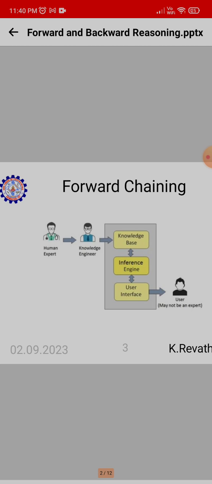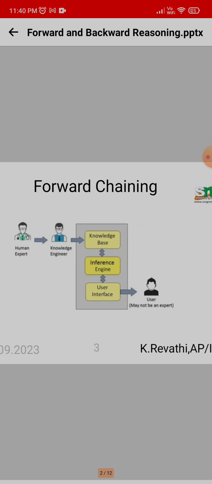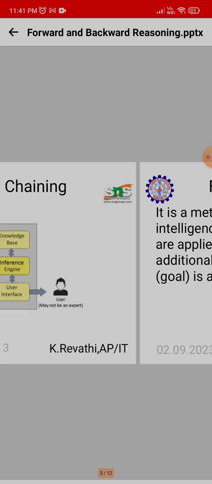The user may or may not be an expert of artificial intelligence. The forward chaining algorithm starts from the facts, triggers all the rules whose premises are satisfied, and adds their conclusions to the known facts. This process repeats until the problem is solved.